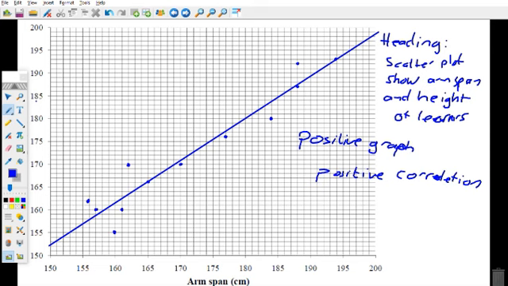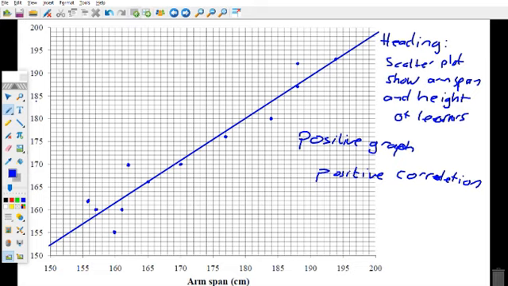Okay, so a correlation means if one thing is positively correlated to the other, therefore the other one is more likely to be as well. So do you agree, the bigger your arm span gets, the more likely the taller you are? Do you agree? Because we have a positive correlation.